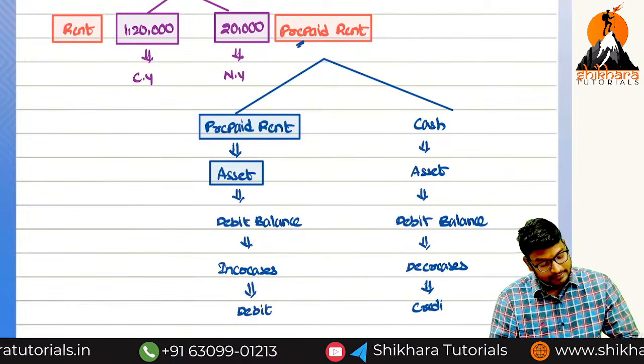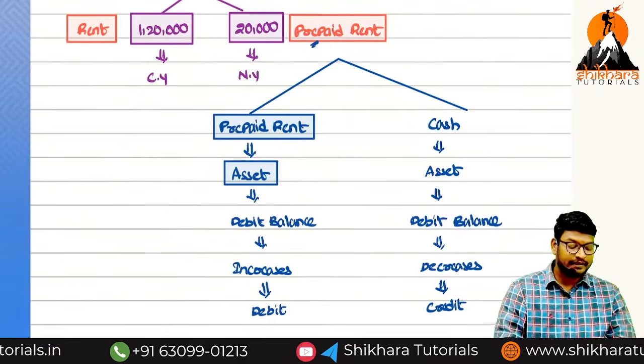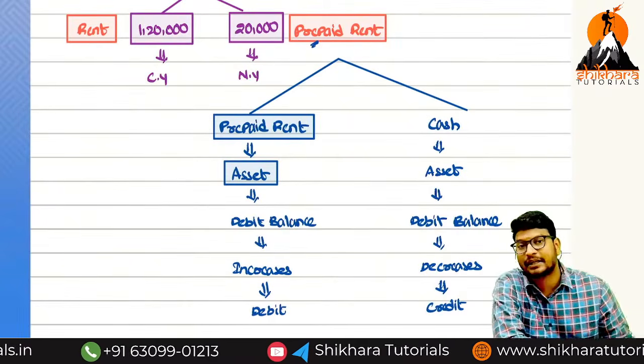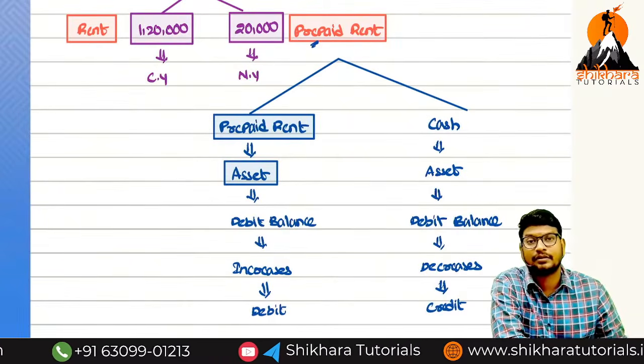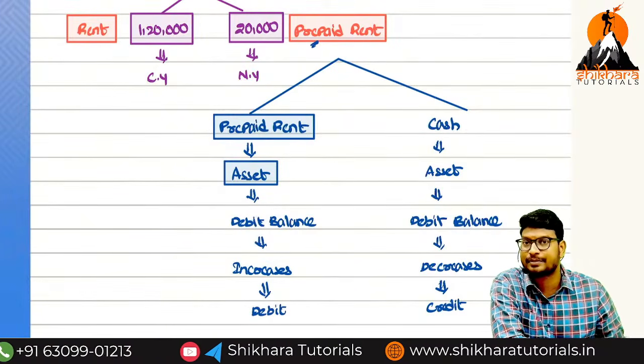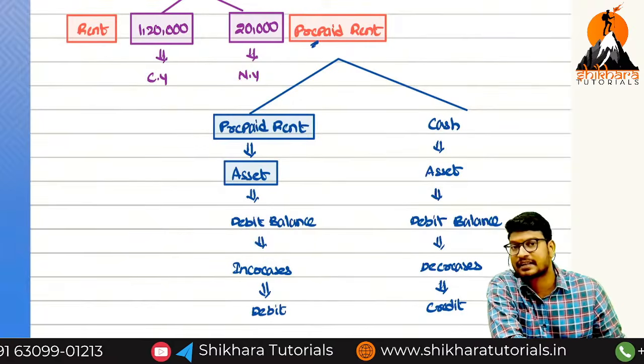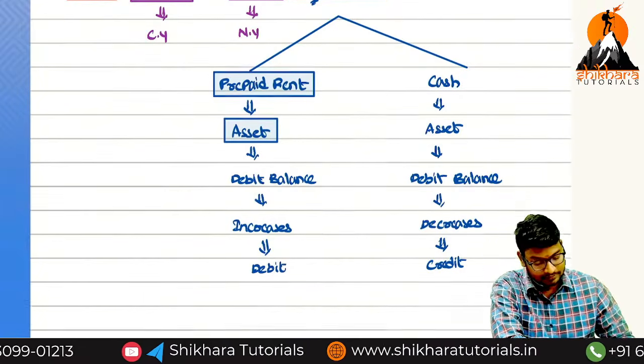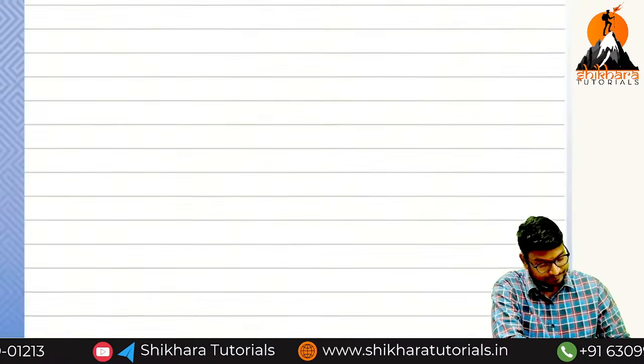Credit. Can you say the entry now? The entry is prepaid rent account debited to cash account. In general, the entry for prepaid expenses is prepaid expenses account debited to cash account.